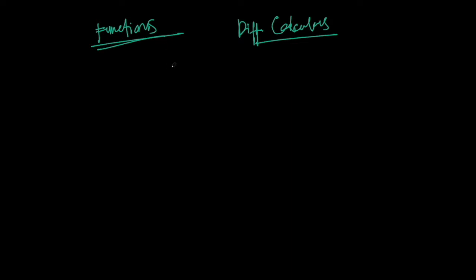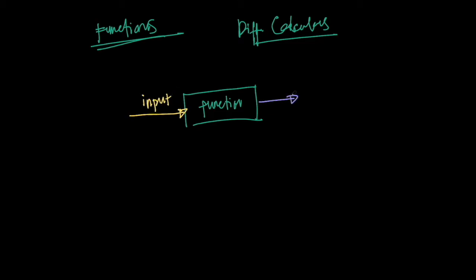Before we start, let us begin by expressing a function with symbols. Let's say we have a rectangle here, and this is our function. An arrow pointing towards the box is our input, and an arrow away from our box is our output.